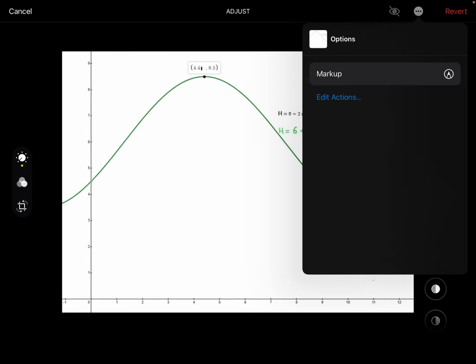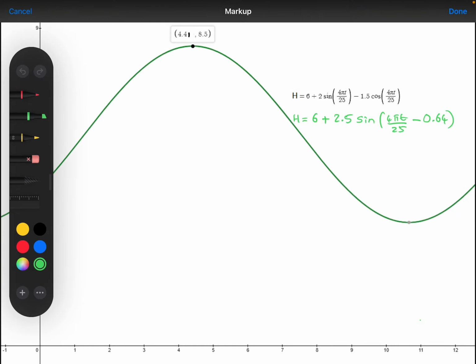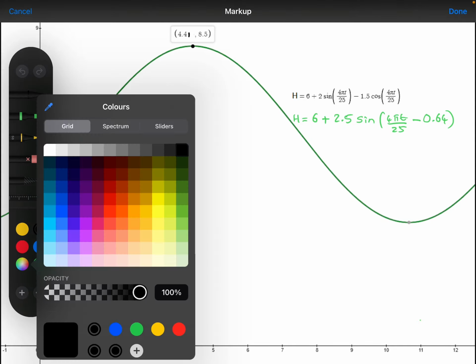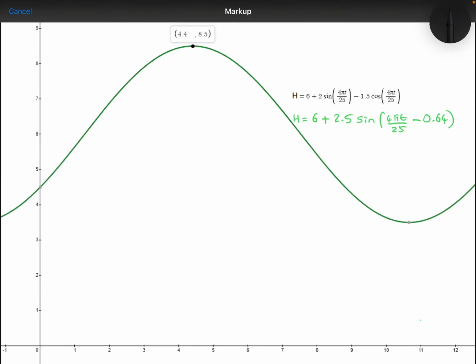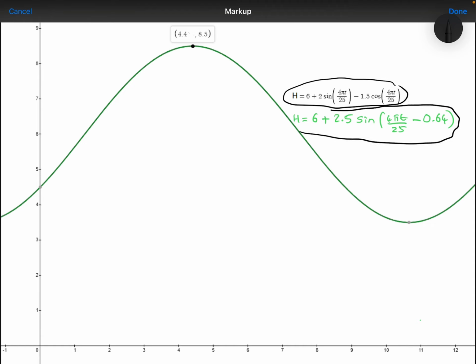And again, just to represent what we've just worked out, here is the full equation of what I just found here. I rewrote it to be in this form to make it easier for me, so that I could say that the biggest it can be is when this is 1.